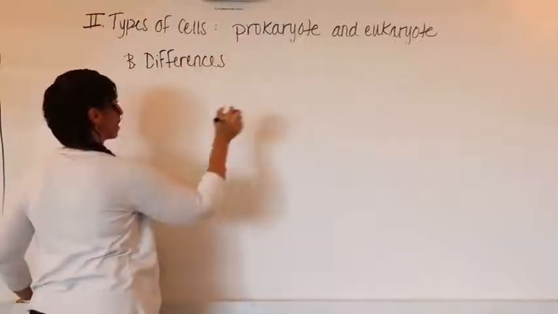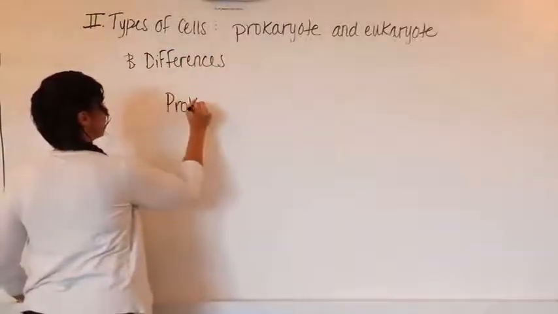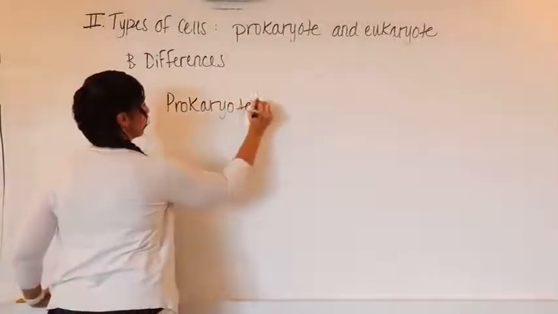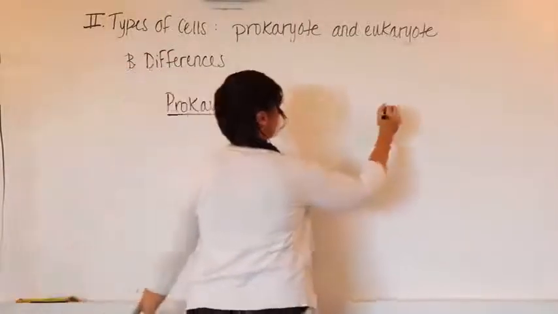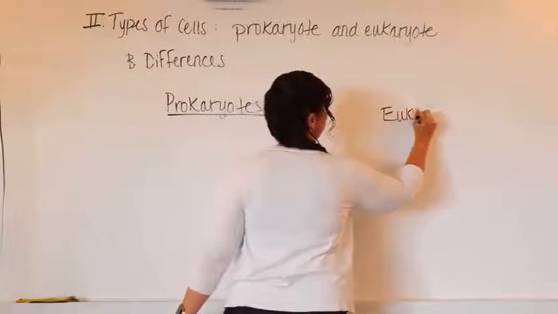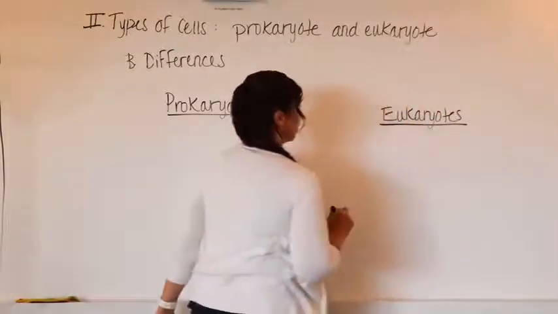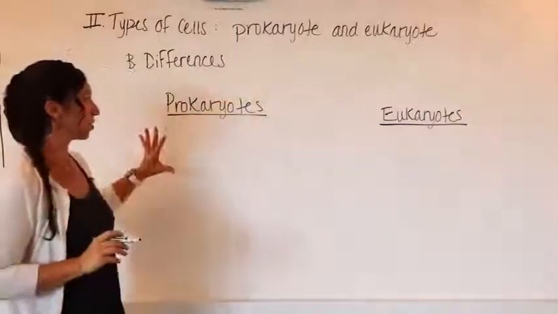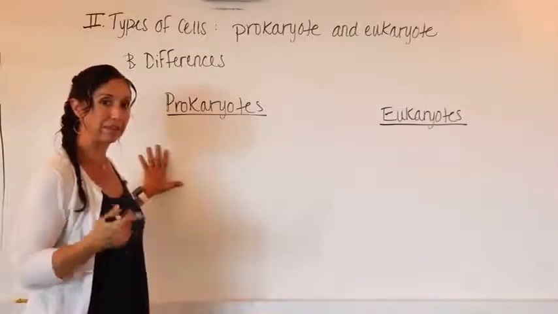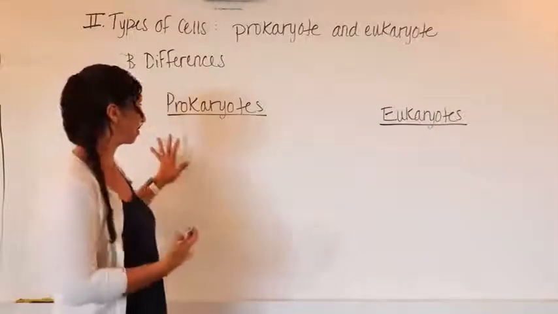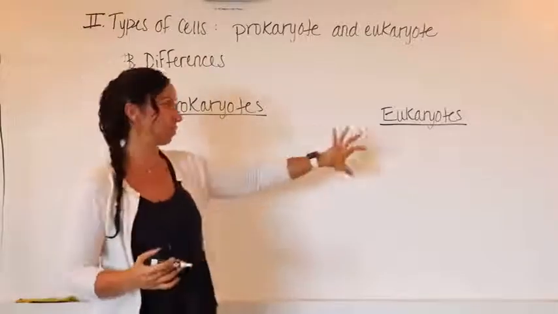And I'm going to actually make a list. So I'm going to do prokaryotes here. And I'll do eukaryotes here. And learning the differences is actually going to help make sense of the naming of why we call these two different types of cells prokaryotes and eukaryotes.